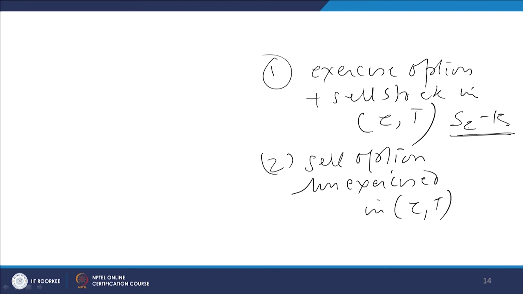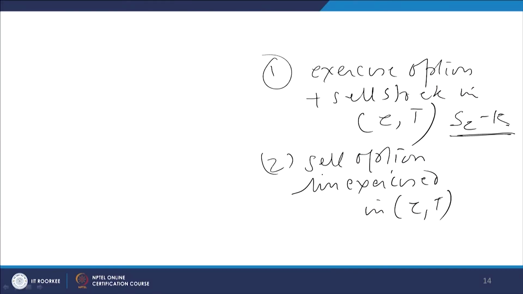Because the buyer of this option can do everything which this person can do. He can exercise the option, and once he exercises the option, he gets the stock, so he is brought to the same position as in this situation. The person who buys the option can as well exercise it and convert the option to a stock.